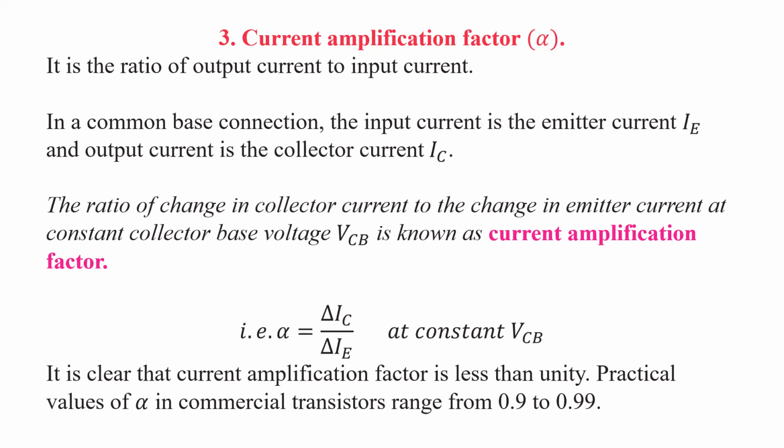Similarly, beta is used for current gain in common emitter mode, and gamma is used for current gain in common collector mode. While discussing the common emitter mode, we'll discuss the current amplification factor beta also. So alpha basically represents the current gain for the common base mode of the transistor.